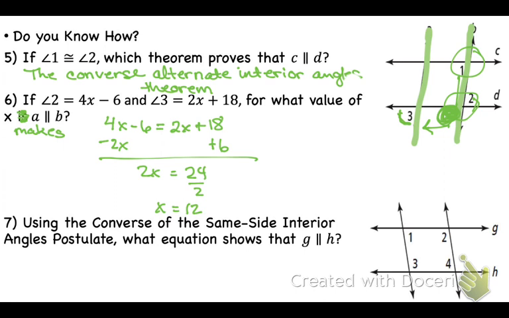Okay, so using the converse of the same side interior angle theorem. I think it should be a theorem, not postulate. Okay. What equation shows G is parallel to H? So same side interior angle. What does that mean? What's my magic number?